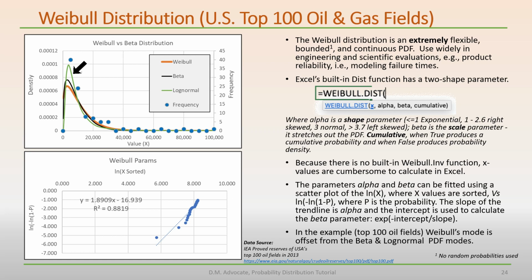The log normal distribution in green perhaps does a better job of fitting the observed data, but its right tail extends beyond the 100,000 limit of the input data. And the beta also does a good job, but it underpredicts the extent of the data. So let's move on to the Excel demonstration.